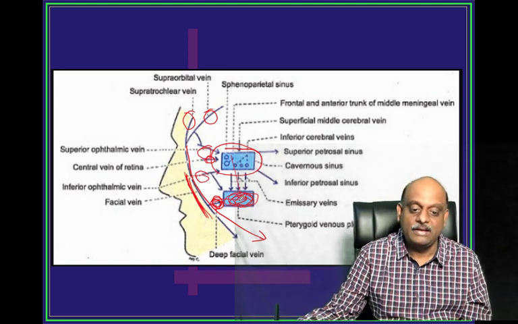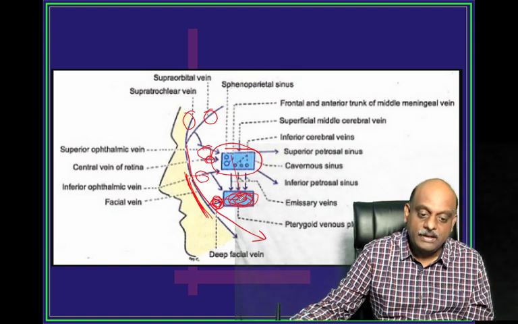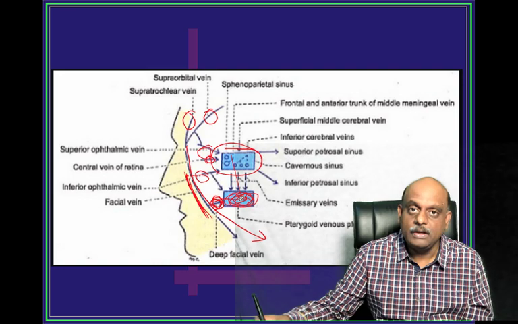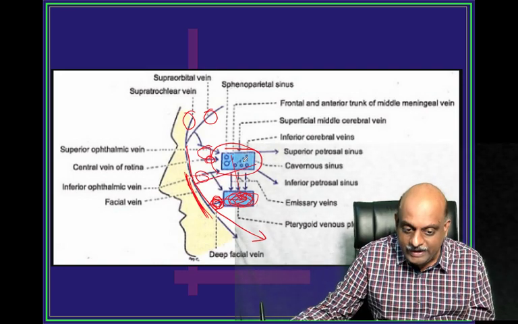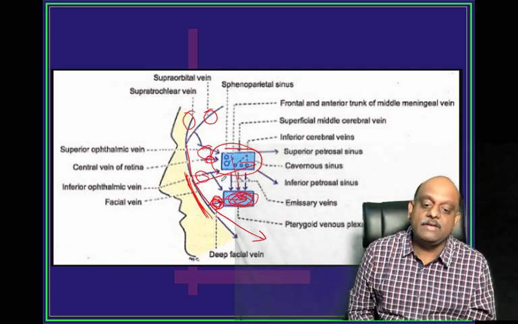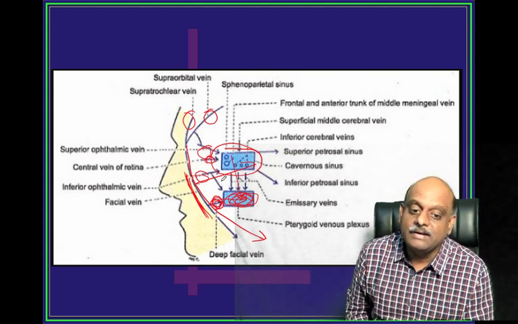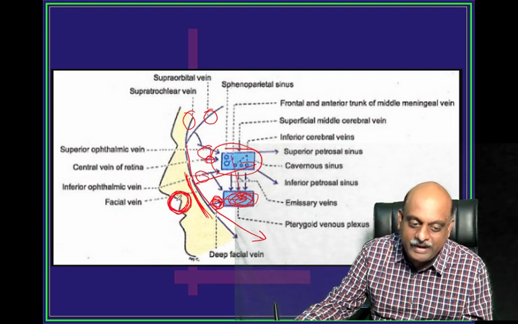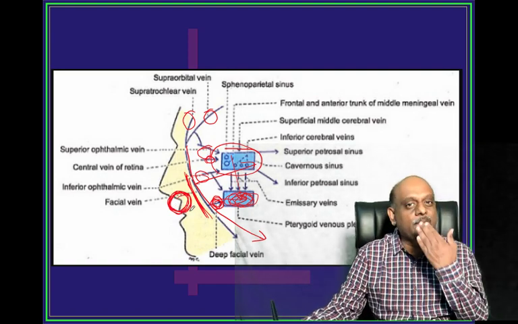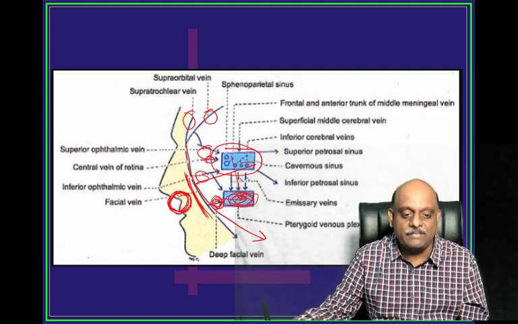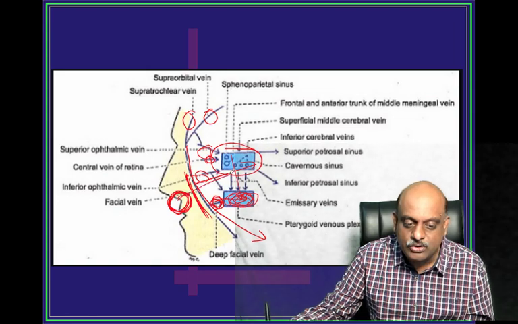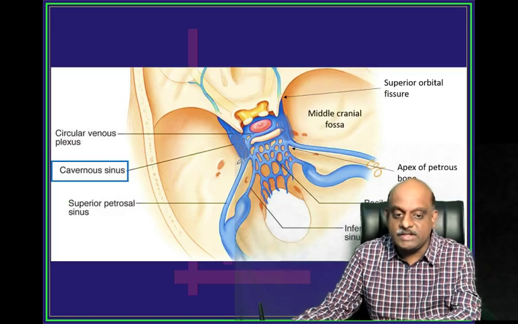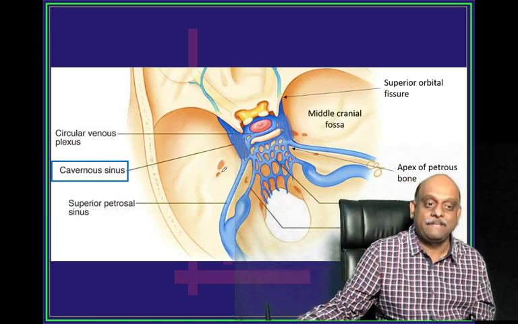Second way, the facial vein also communicates directly with the cavernous sinus. That is the reason अगर dangerous area में infection हो गया, at the area of the philtrum, it is through the facial vein that the infection spreads to the cavernous sinus. That is what you need to remember.